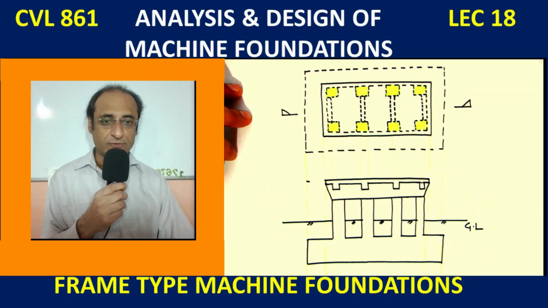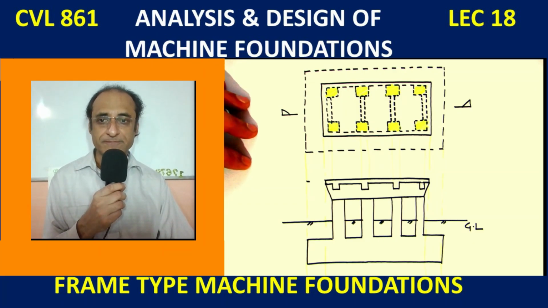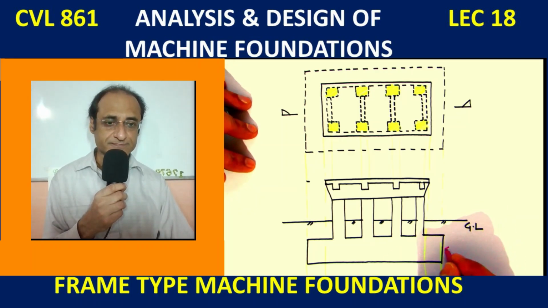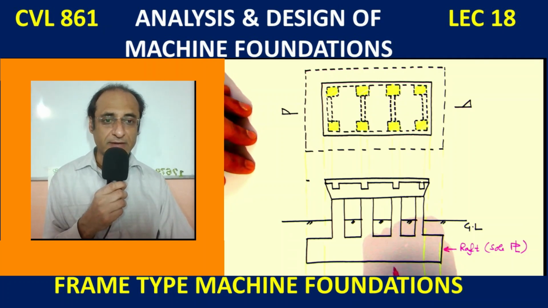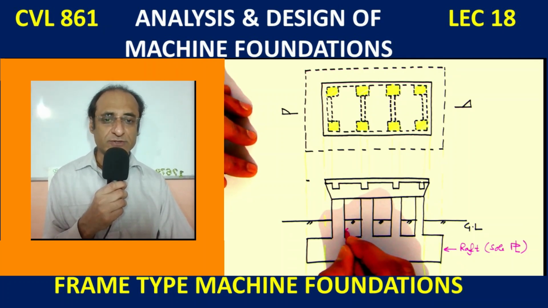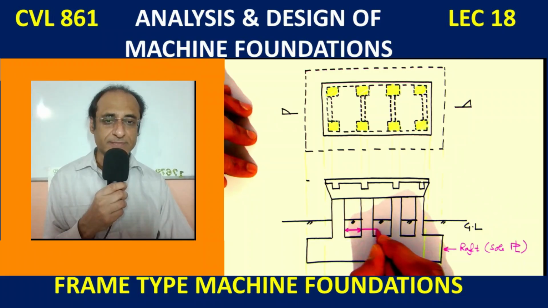So let's now label various parts, and some of the terminologies here are a bit different as compared to the normal RC frames. So this raft is called the sole plate. This is the technical term used for the raft. So raft has to be there, we cannot provide isolated footings. Then we have all the columns.